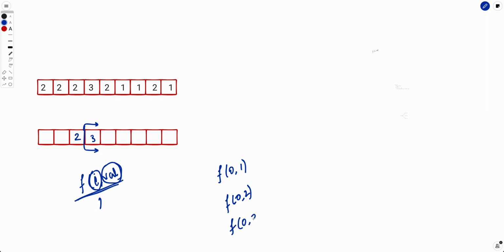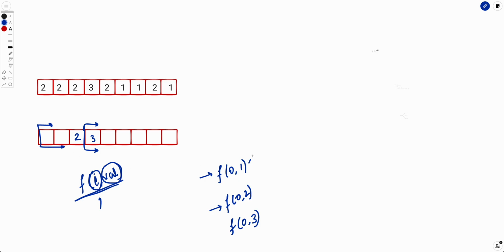And if you start from f of 0 comma 1, it means that you are saying give me the minimum number of operations required if the 0th element is 1, right? For if you are starting from f of 0 comma 2, you are saying give me the minimum number of operations required if the 0th element is 2, and similarly f of 0 comma 3 denotes give me the minimum number of operations required if f of 0 is 3.